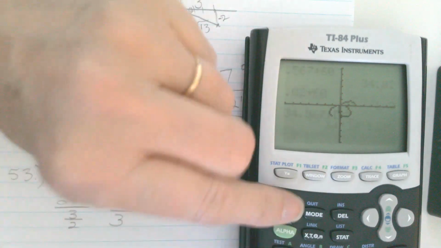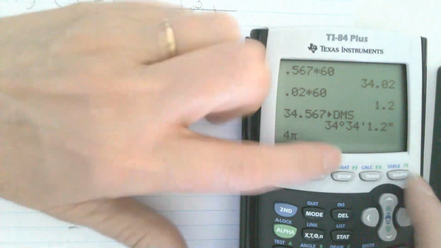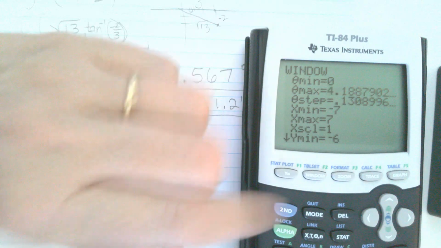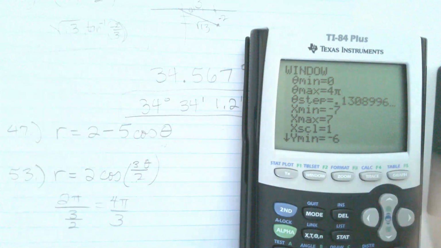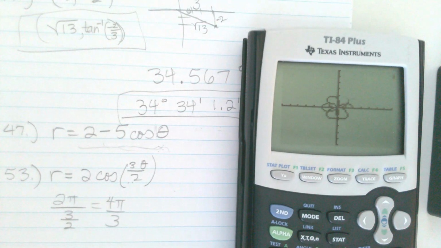So, sorry, 0 to 4 pi. Hopefully you see that it did come back to where it started. So 0 to 4 pi. Would negative 2 pi to positive 2 pi have worked? Yeah.